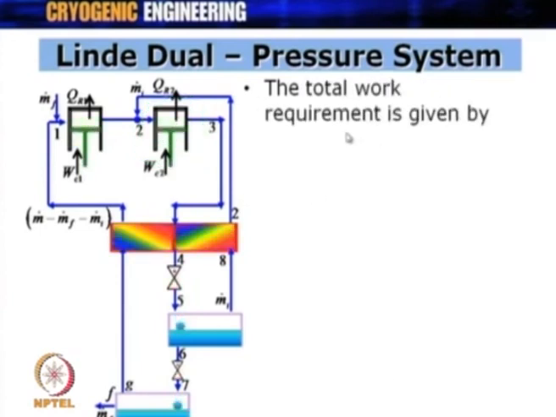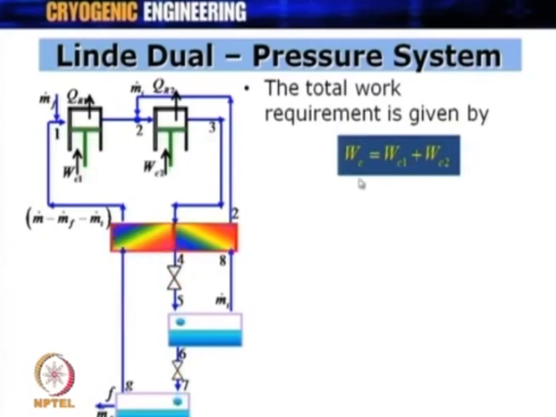Now, the total work requirement is given by Wc equal to Wc1 plus Wc2. The total work is going to be determined by the values of Wc1 and Wc2. Wc1 depends on the amount of gas getting compressed in compressor number 1 and the pressure ratio across points 1 and 2, P2 by P1.